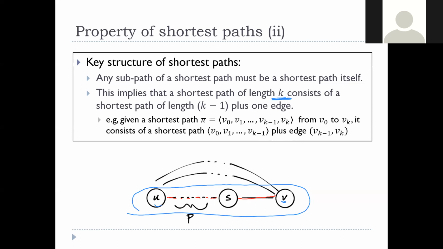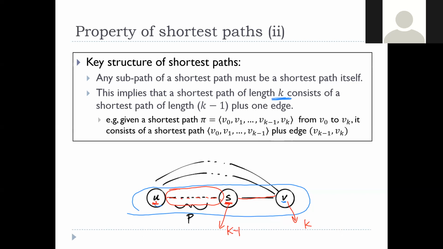Then that must mean that this shortest path actually consists of first going from U to my predecessor S. The distance to me is K, then the shortest path distance to my predecessor has to be K minus 1, okay? So it has to be that going from U first to a node whose shortest path distance is K minus 1 and adding one more edge to lead to me, okay? And this portion has to be shortest to S, okay?